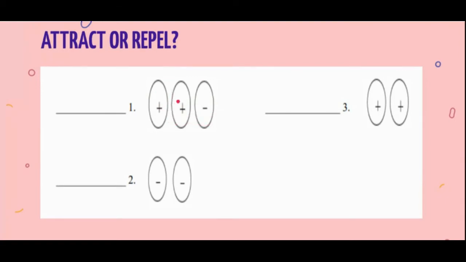Notice that in number one, there are two positive charges and a single negative charge. What would happen to the two positive charges? If we go back into our basic lesson in magnetism, when we were in grade 8, what happens?